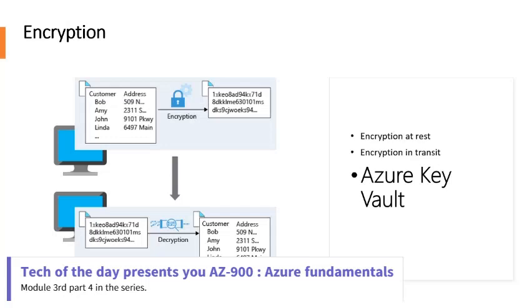In Azure, you can use Azure Key Vault that stores your passwords, certificates, connection strings, and other sensitive data. It is a centralized cloud service for storing your application secrets.